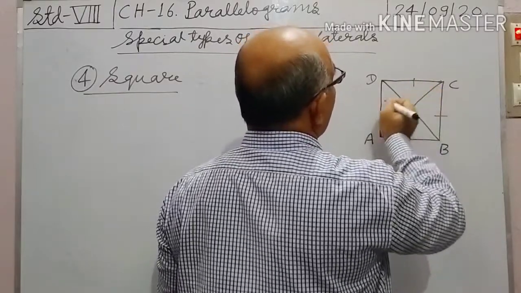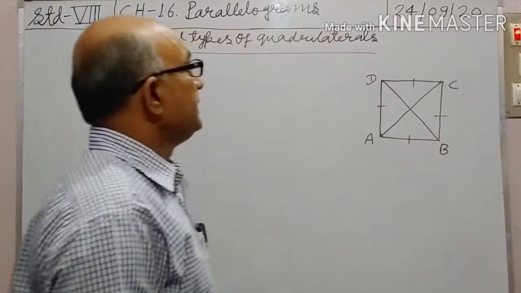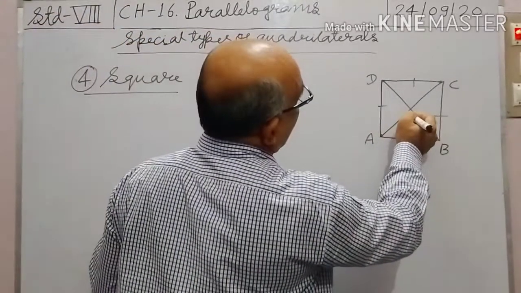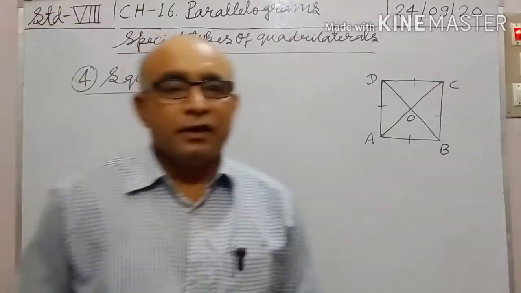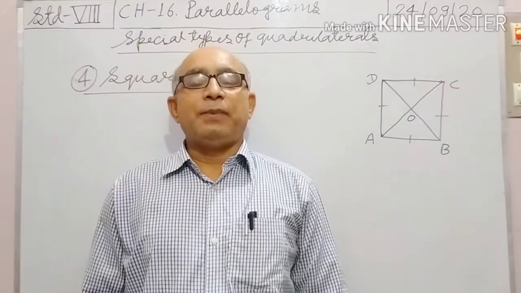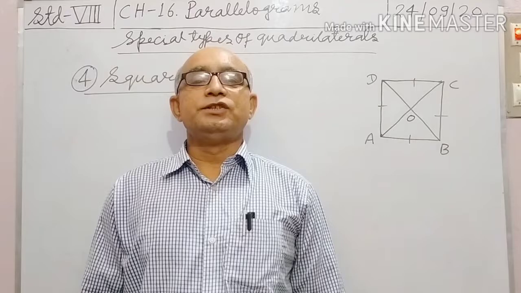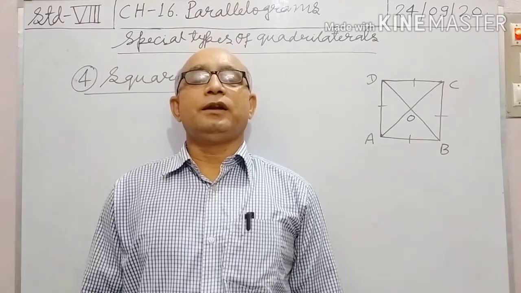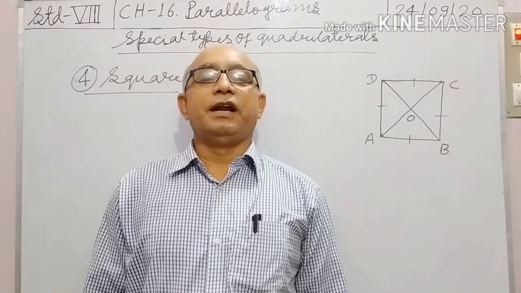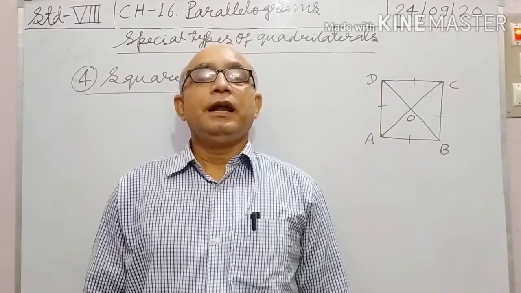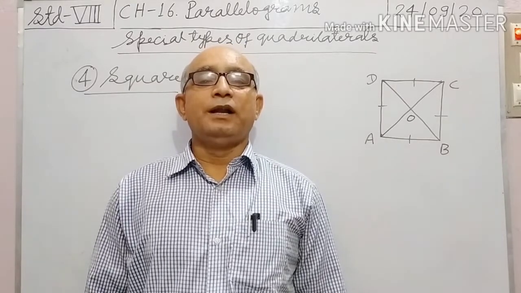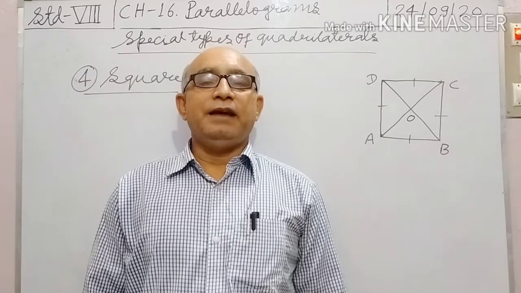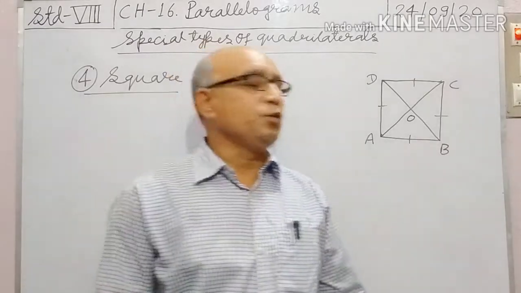All sides are equal and each angle is a right angle. Diagonals are equal and bisect each other at point O. Define a square: a parallelogram in which all sides are equal and each angle is a right angle is called a square.